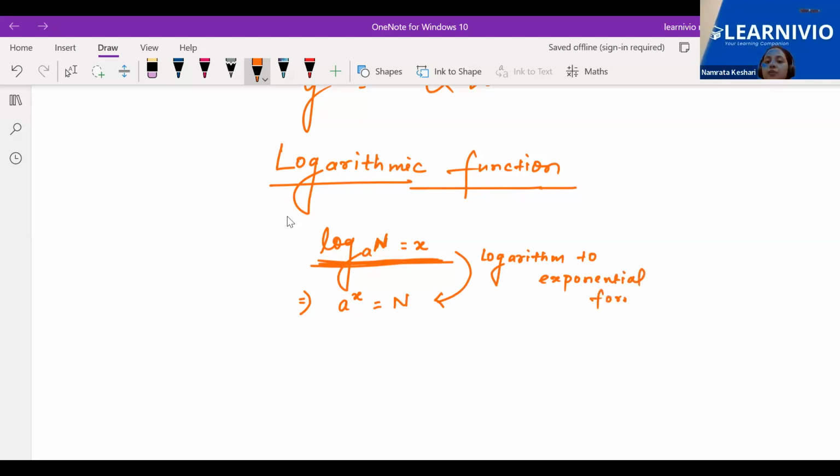And the reverse way also works. Whenever we have this type of exponential equation, we can write it in logarithmic form like this. You have to be careful how we are changing it. Whatever is the base, we call it log n base a. We pronounce it like this: log n base a is equals to x. Right, Annapurna?